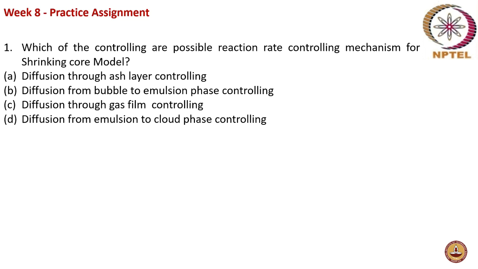Is it option A, diffusion through ash layer controlling, or option B, diffusion from bubble to emulsion phase controlling the reaction rate, or option C, diffusion through gas film controlling the reaction, or option D, diffusion from emulsion to cloud phase controlling the reaction? Which of these is applicable for shrinking core model? Do you have any clue?